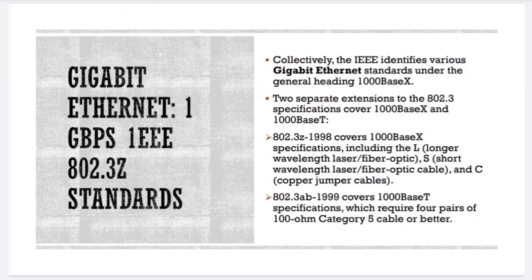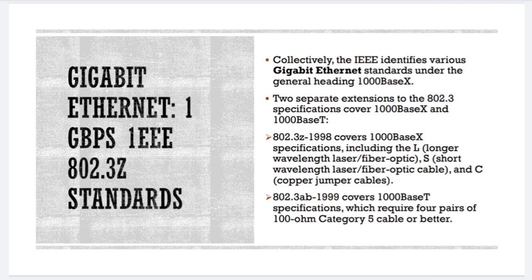Gigabit Ethernet and 1 Gbps IEEE 802.3z standards. Collectively, the IEEE identifies various Gigabit Ethernet standards under the general heading 1000BaseX.